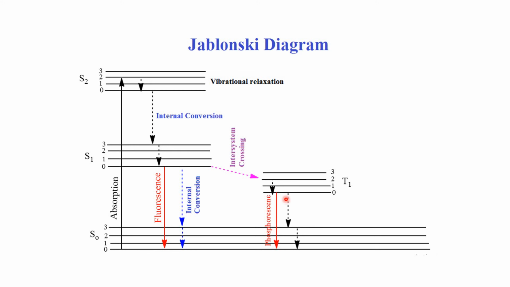Then from the 0 vibrational level of T1, when it comes back to the 0 vibrational level of S0, then the difference of energy is emitted in the form of light or radiation, and this phenomenon is known as the phosphorescence. So, fluorescence and phosphorescence are radiative transitions.